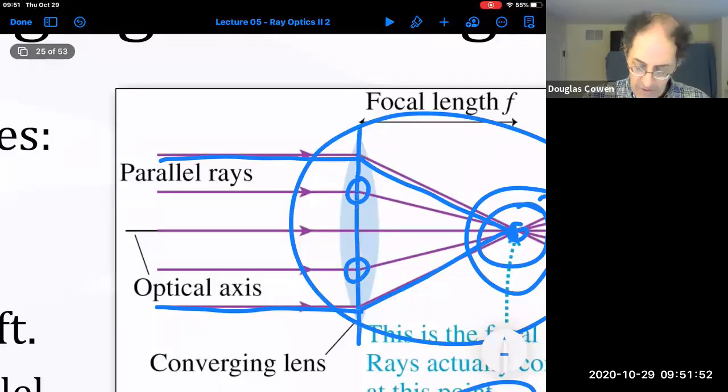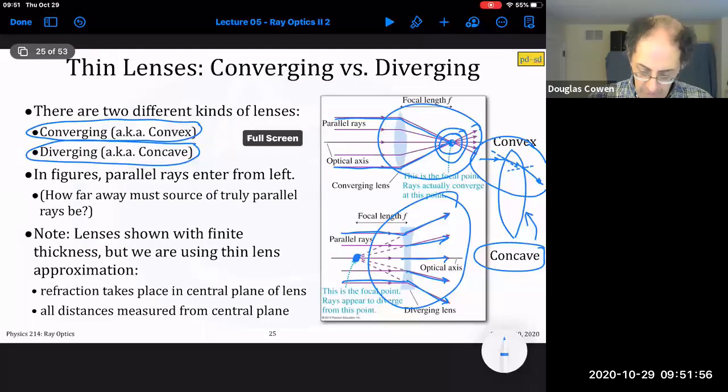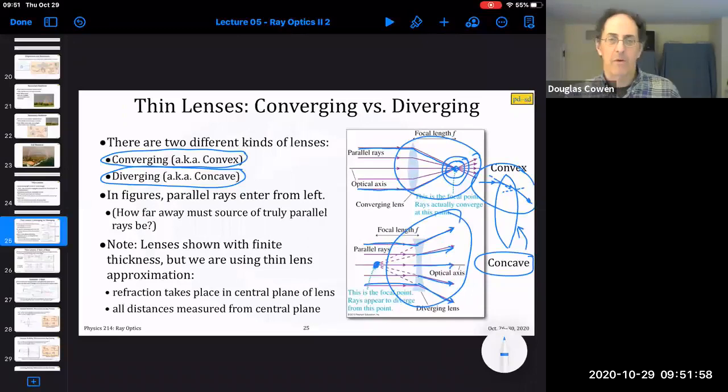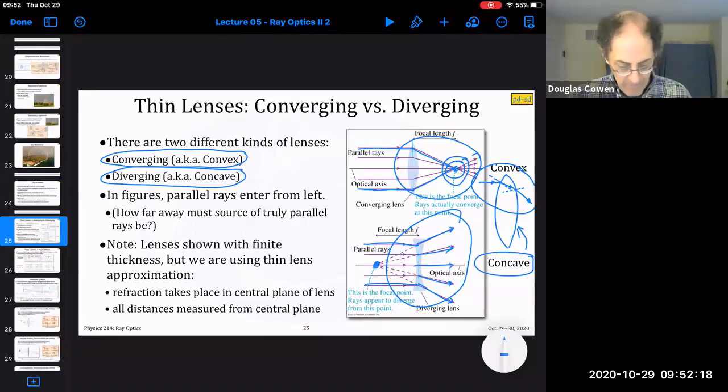Okay, it's an approximation, but it's a pretty good one. And that's what we're going to assume. And we're also going to measure all distances from the central plane. That central plane that I just drew and erased is this line that goes right through the middle of the lens. And likewise, over here, this line that goes right through the middle. So that's where we're going to measure all distances from whenever we have occasion to measure distances.